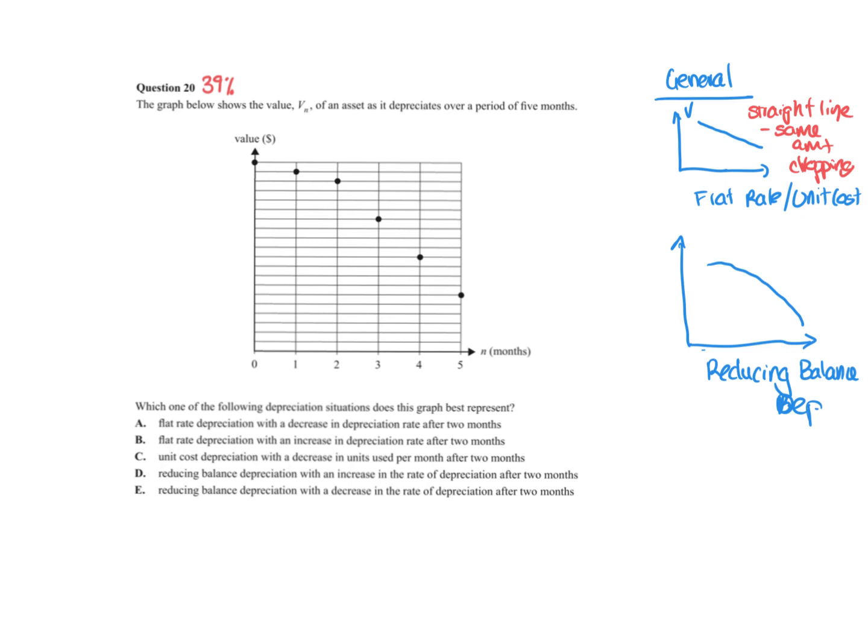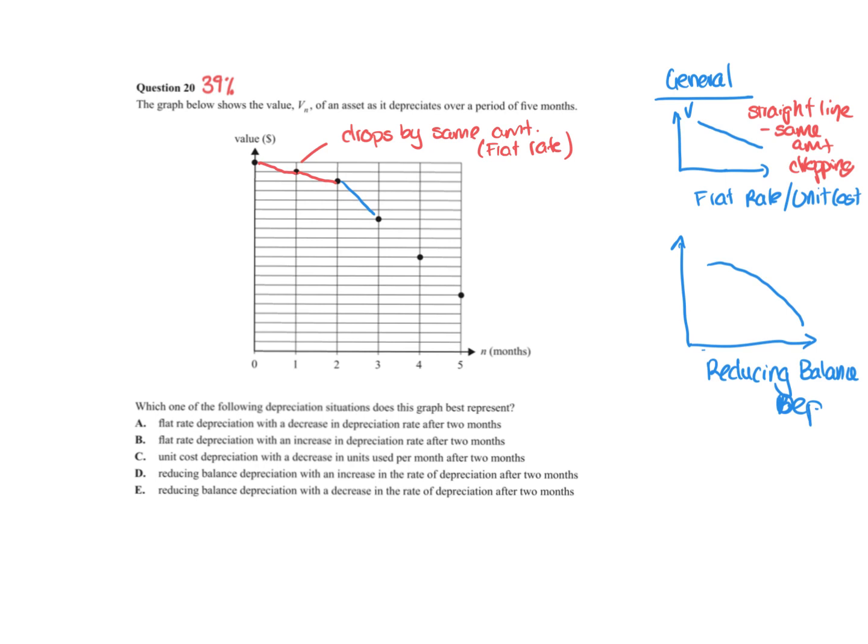But it's not actually. If you look at this first bit, between these two, it drops by the same amount between those two months. If we're dropping by the same amount, that means it's flat rate, or unit cost. And then you have this bit, where it drops a big bit.